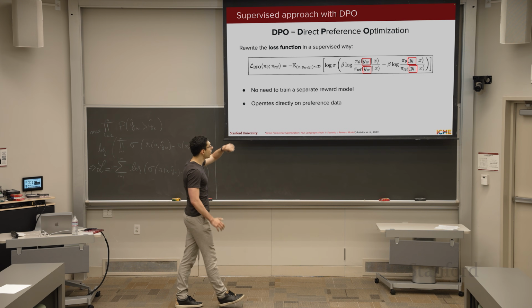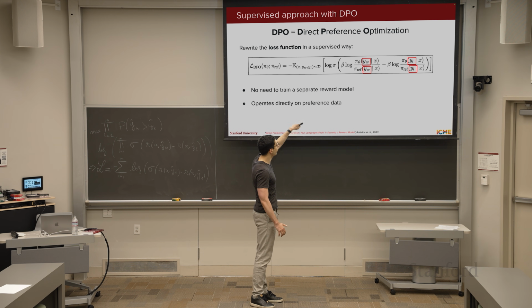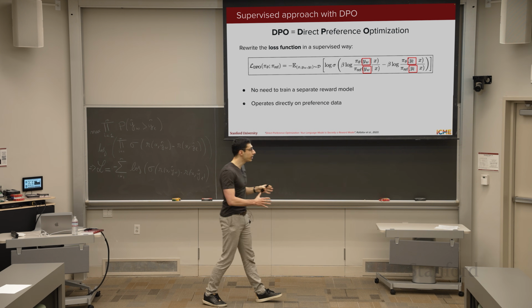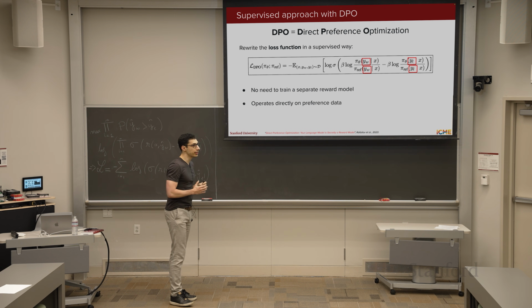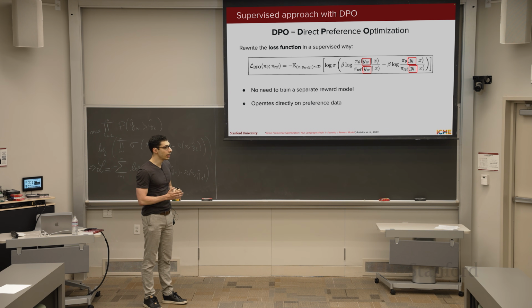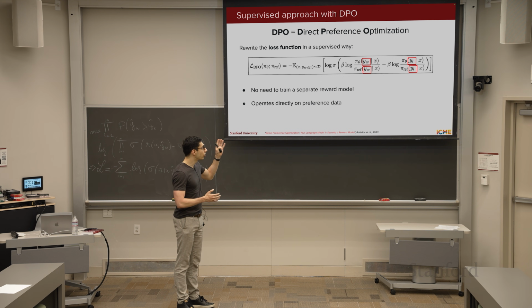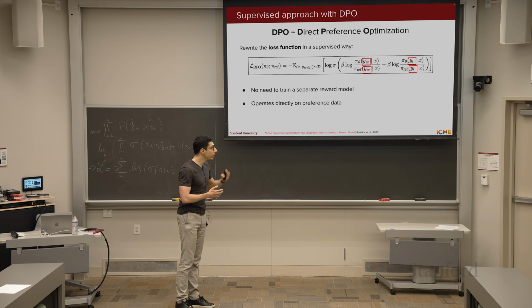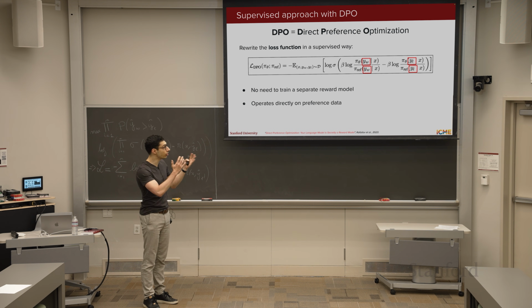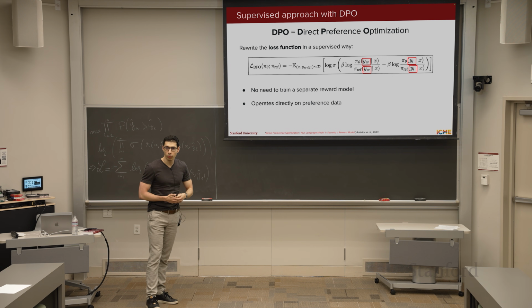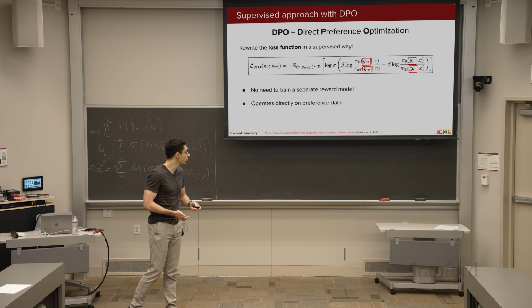So in that loss function, all you have is a bunch of variables and then the sigmoid function, but within the parentheses, you have the probability of a given completion to happen. And you have this subtraction operation that compares the probability of the winning completion to happen versus the losing one. So as you can see, it's a direct expression with respect to these preference pairs, which is pretty nice.